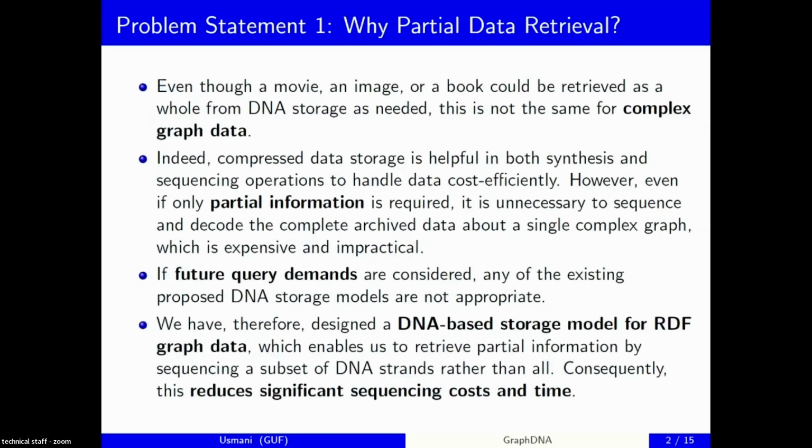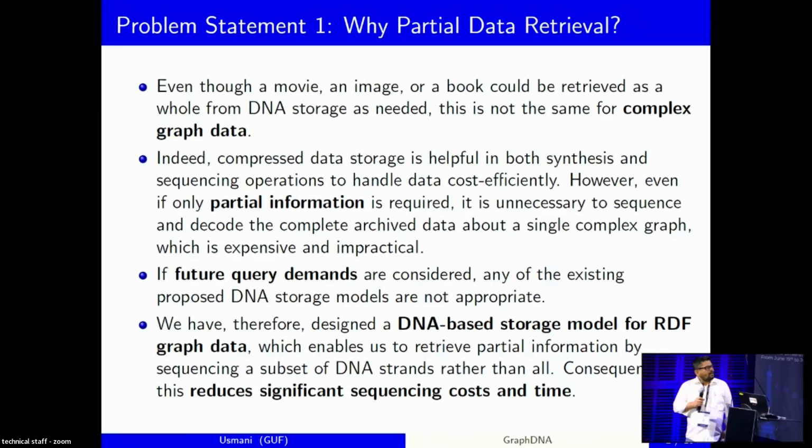Moving forward in this presentation, we will see the effectiveness of partial data retrieval over whole data retrieval from DNA. As we know, both synthesis and sequencing processes are expensive, so compressing data before archival is helpful in reducing both sequencing and synthesis costs.